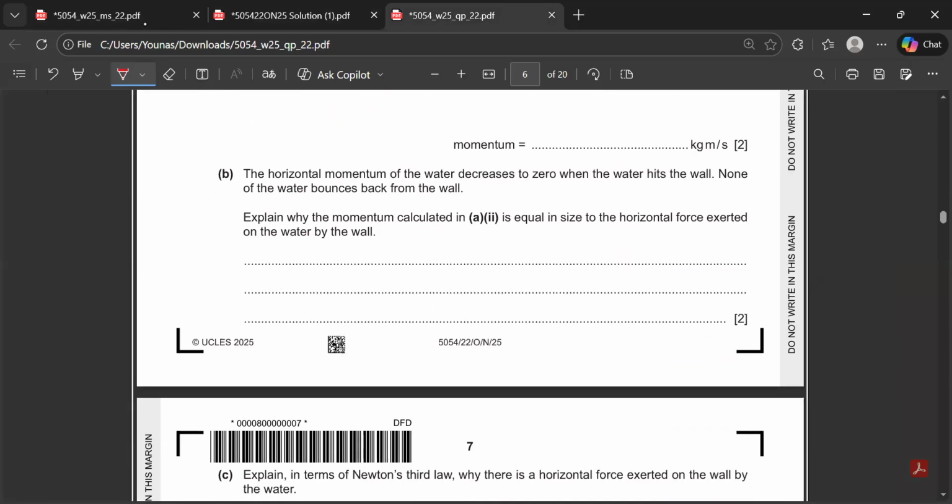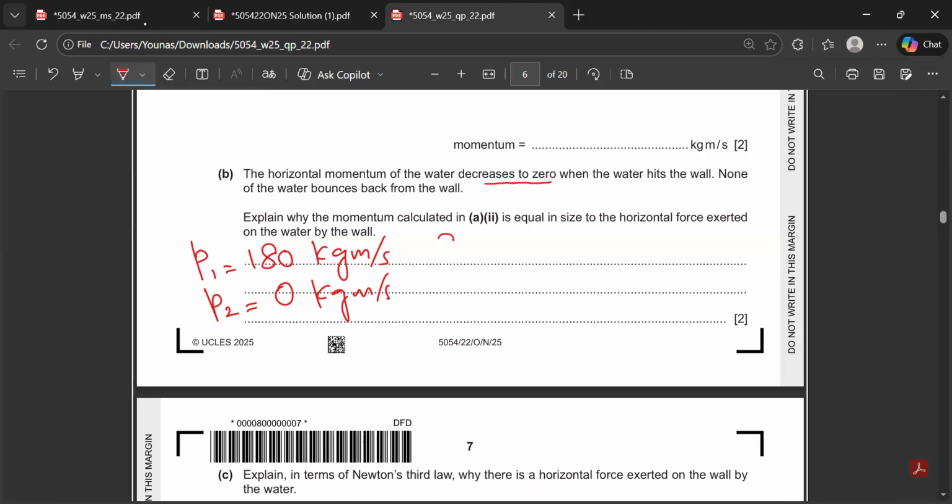Here he says that the horizontal momentum of the water decreases to 0. So the initial momentum of the water is 180 kg m/s and the final momentum of the water is 0 kg m/s. He says that none of the water bounces back from the wall. Explain why the momentum is equal in size to the horizontal force.